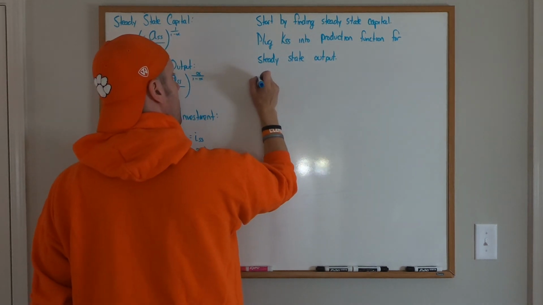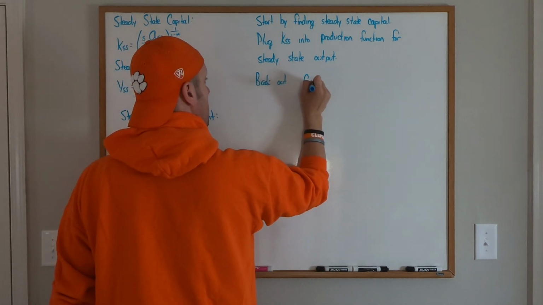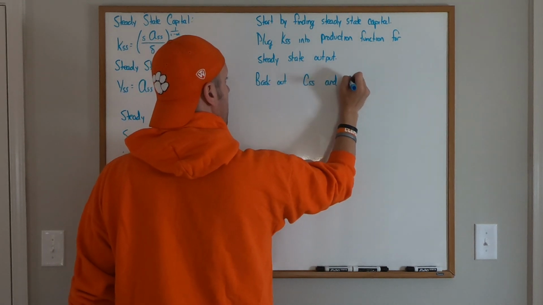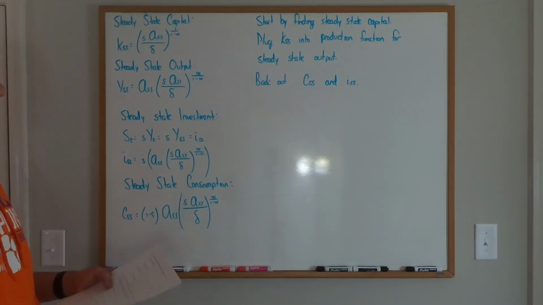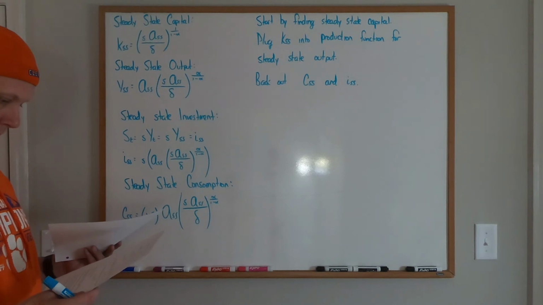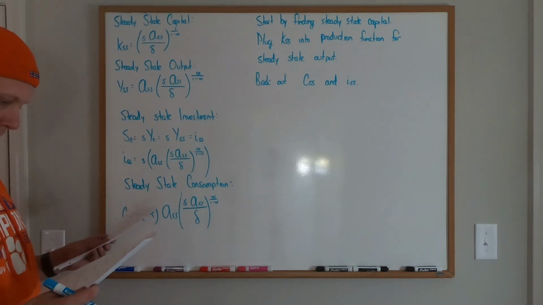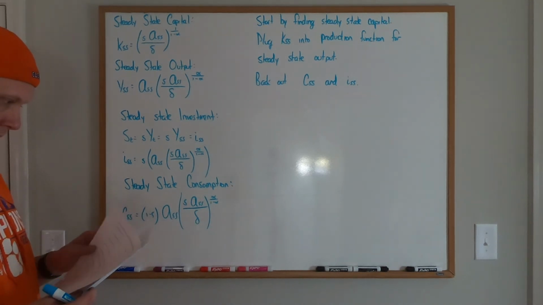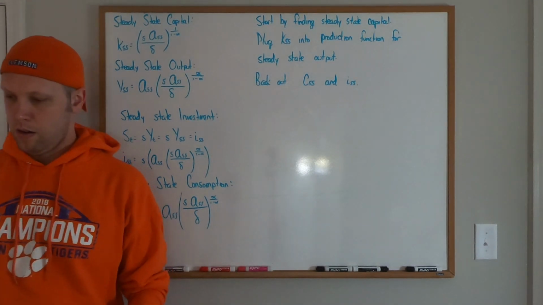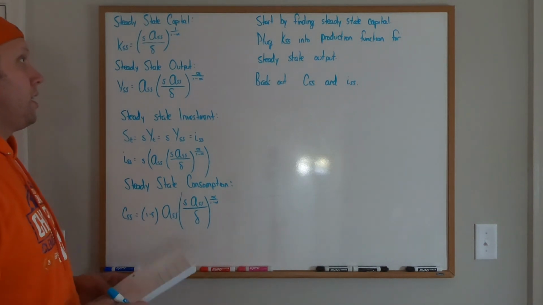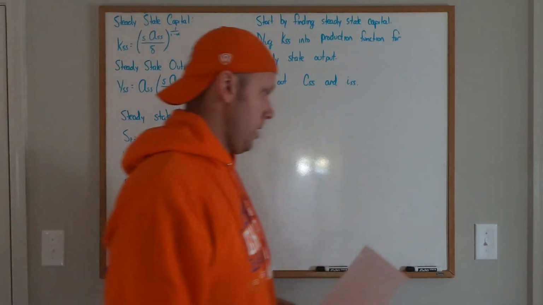After that, we can back out steady state consumption and steady state investment. And that is how we solve the Solow model for the steady state endogenous variables.